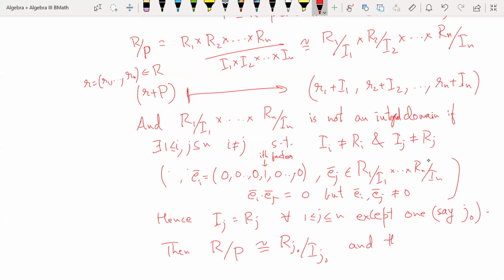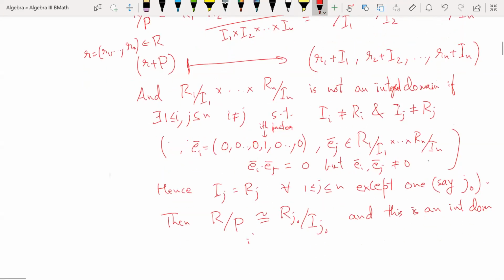And this is an integral domain if and only if Ij naught is a prime ideal.